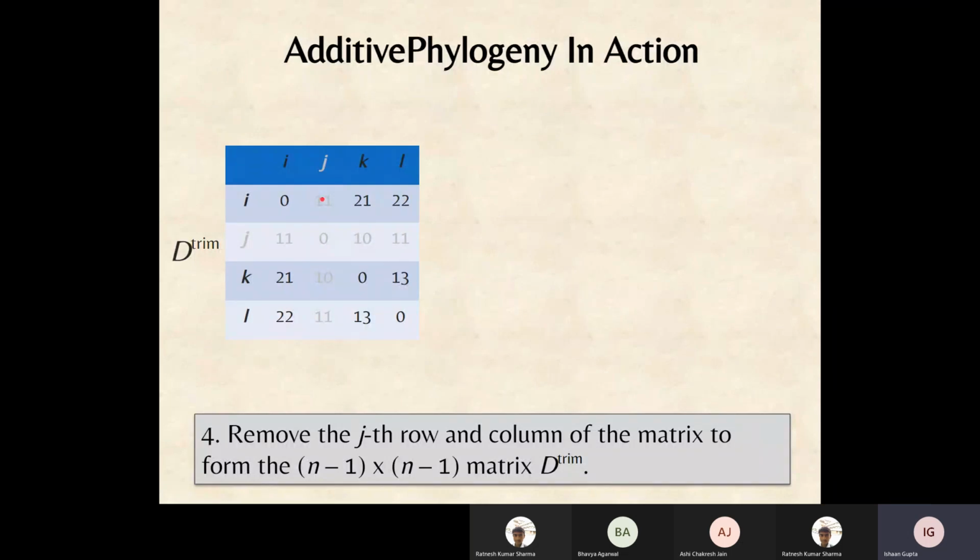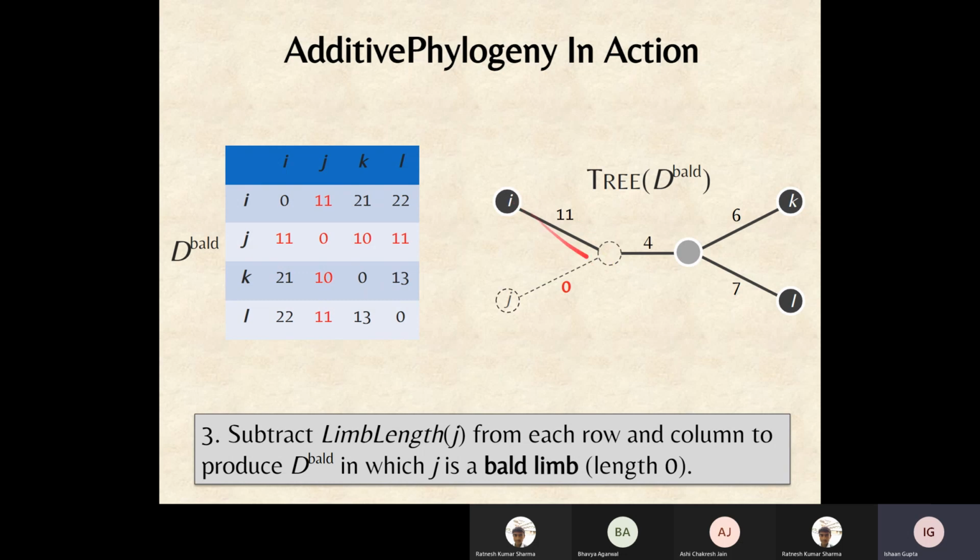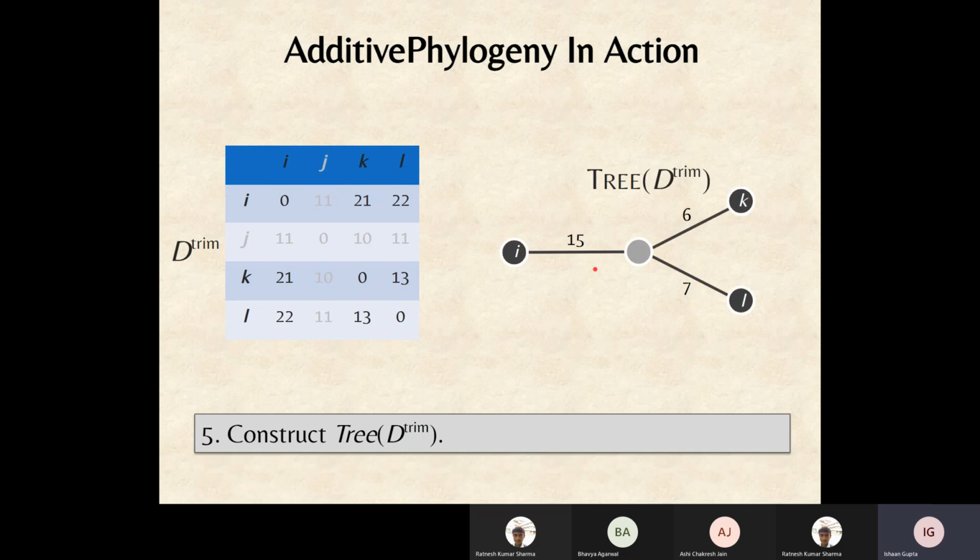The distance from the internal node to j is not contributing to the distance between I and j at all, because the internal node is going to be lying on I at some distance. J is collapsed towards this internal node. So you now remove the jth column and you construct the tree called Dtrim.